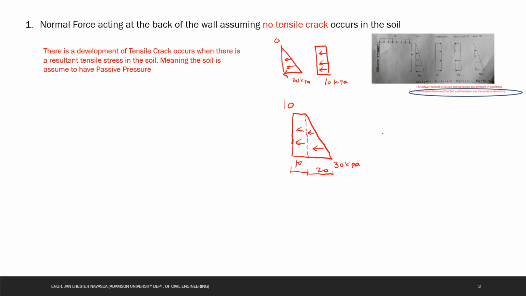Walang tensile stress. However, kapag the soil and the cohesion are different in direction, meaning ganito, we have this one. You have this negative 10, and you have this 20 minus 10, which is positive 10 kPa.